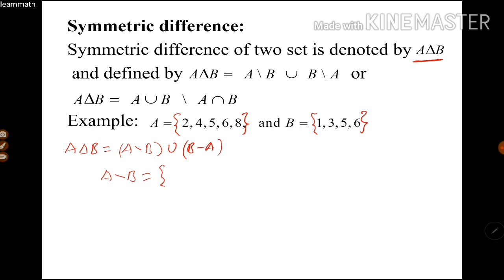So 2, 4, 8 is the A minus B. And what is the B minus A? B minus A is 1. 1 belongs to B but not in A. Similarly, 3 belongs to B but not in A. But 5 belongs to B and also belongs to A, so we should not take it. 6 also we should not take.